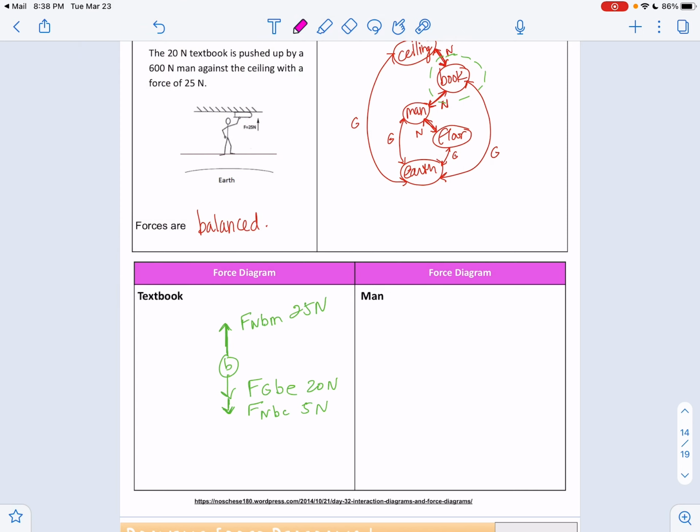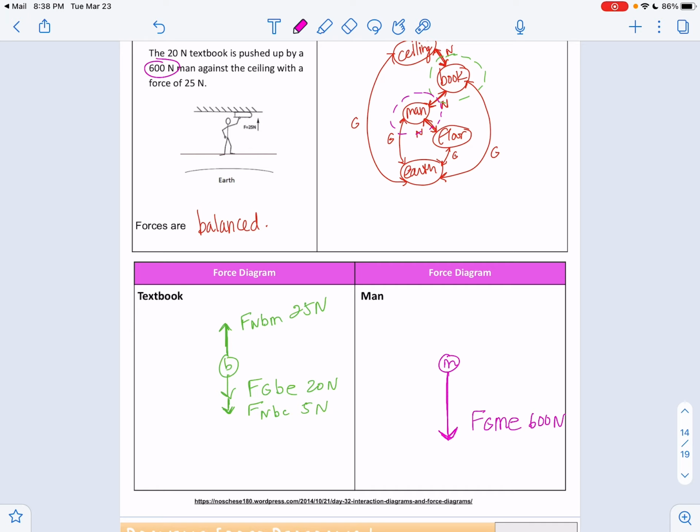Let's draw the man next. Let me look and see what's going on with the man. I also see 3 interactions for the man. We'll start with his force of gravity, and it's 600 newtons. This is obviously not going to be super to scale, because that is just ridiculously different, so we're just going to do our best. So force of gravity on the man from the earth, and that's 600 newtons. That would be a normal weight for a person.